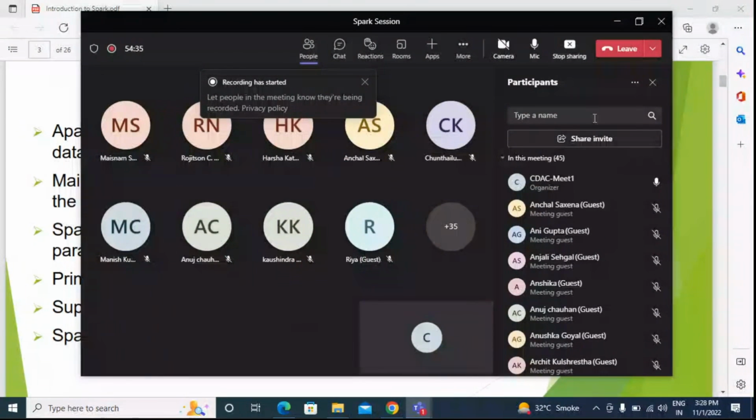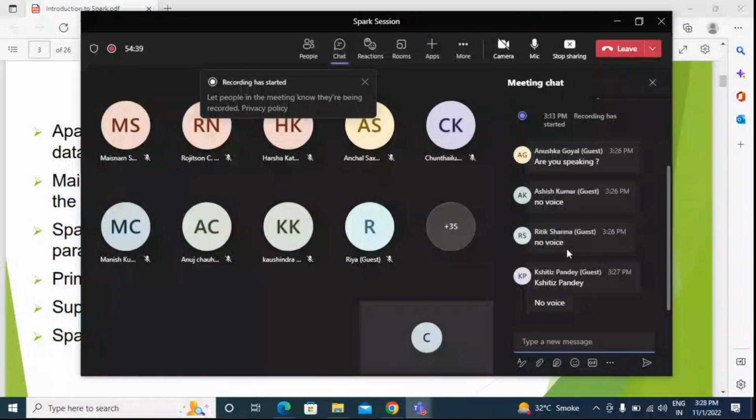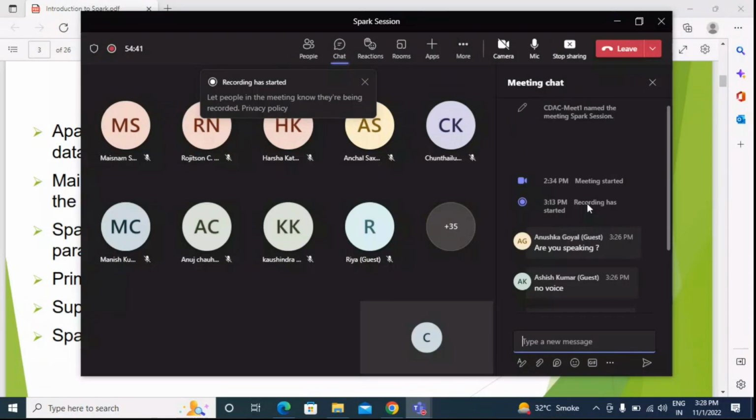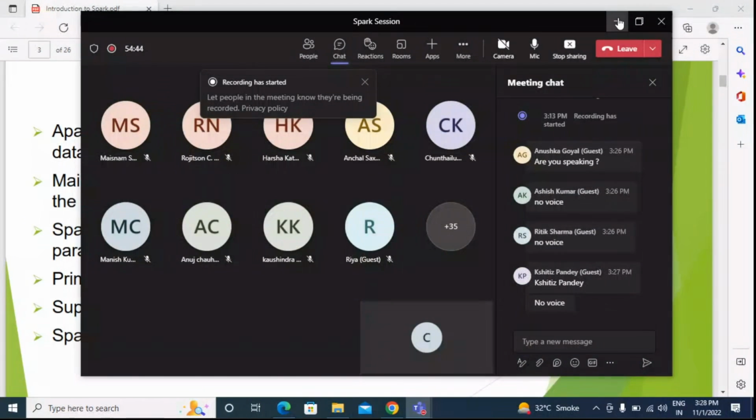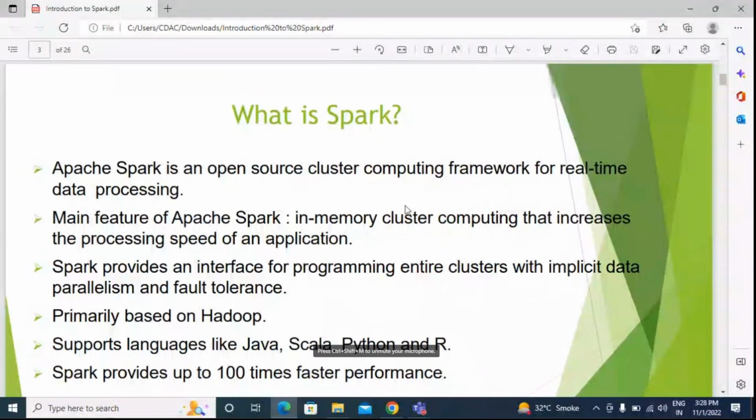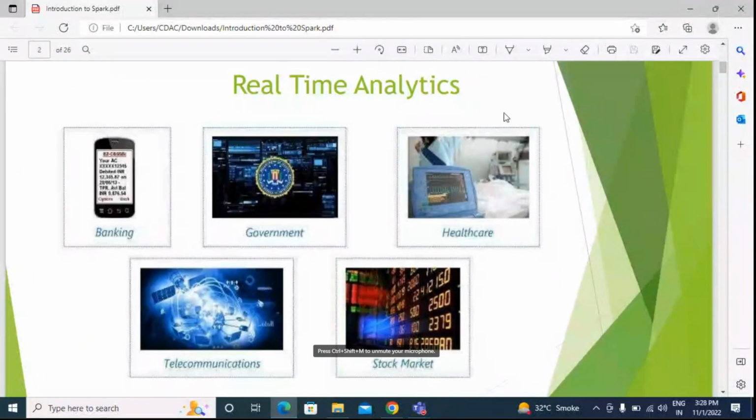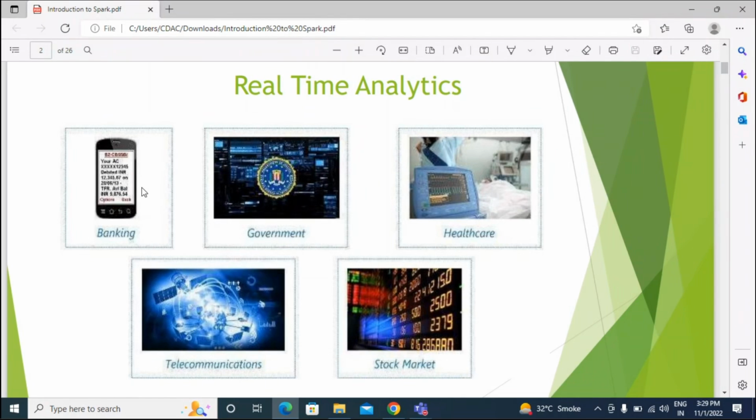Okay, fine. So basically, I just introduced you to these real-time analytics scenarios. The banking sector, where your transactions need to be processed quickly in order to do fraud detection, right? Then your government sector, your cyber security also.